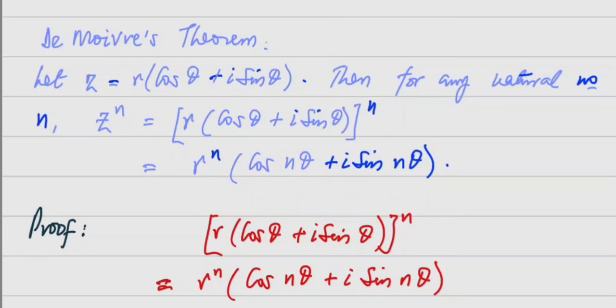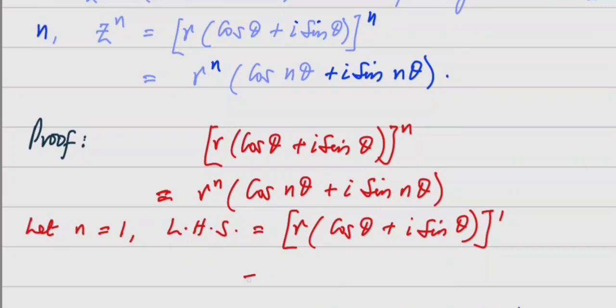let n equal 1. Then our left hand side equals r into (cos theta plus i sin theta), everything raised to power 1. And this is equal to r(cos theta plus i sin theta).